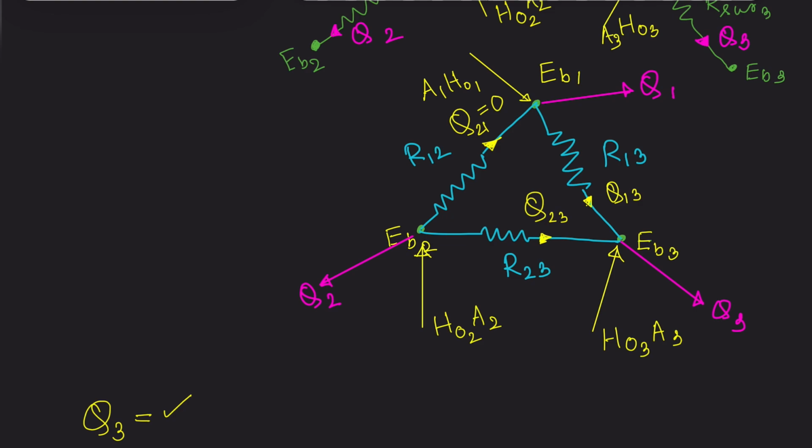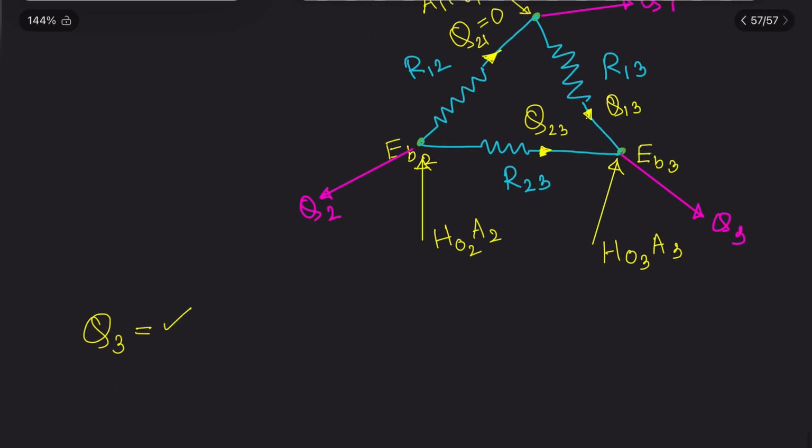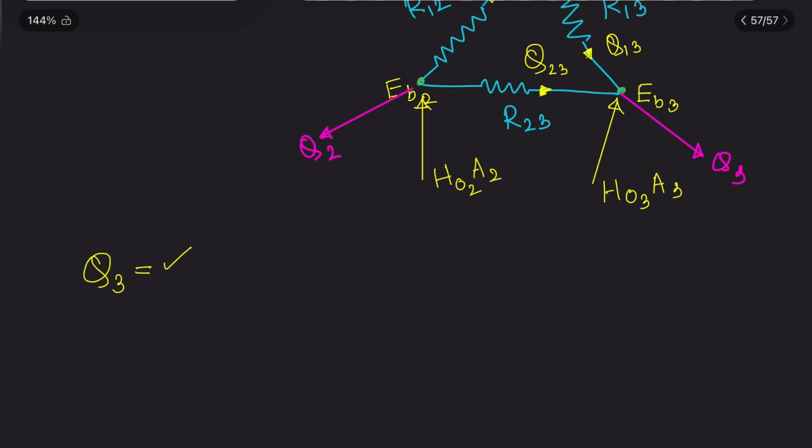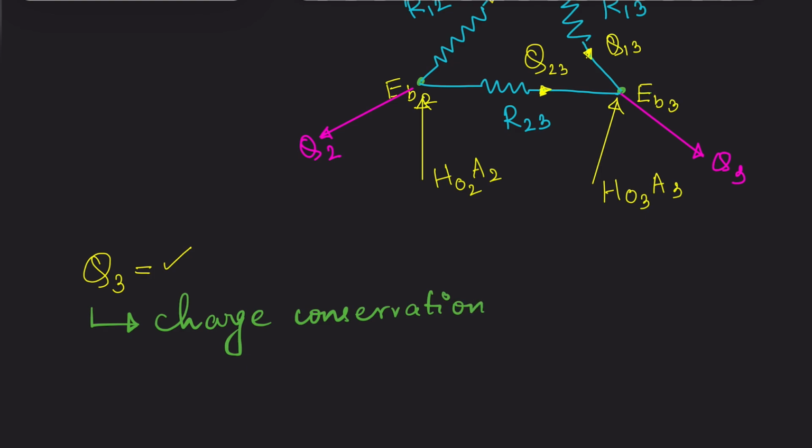EB2 is equal to EB1 is equal to sigma T to the power 4. So now how can I find Q3? Q3 I can find by the charge conservation at node 3. I have used the word charge here, but actually it should be energy conservation maybe. Charge conservation is the analogous term with respect to the electrical network.